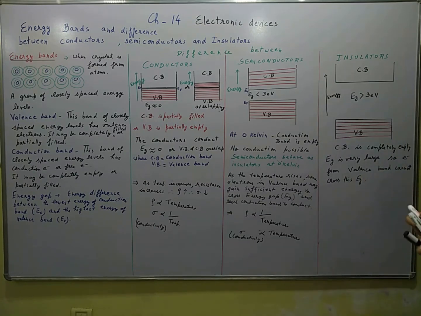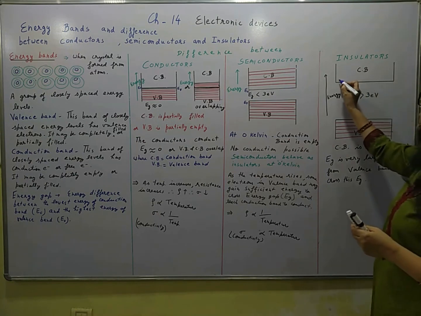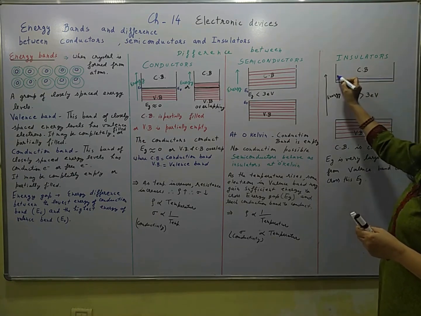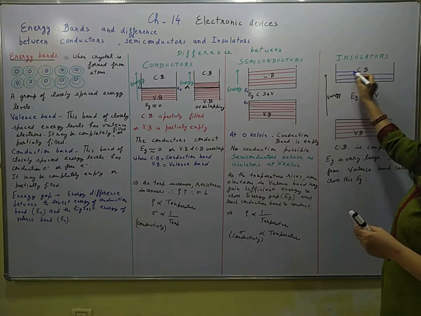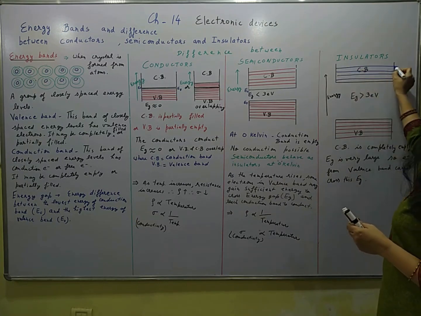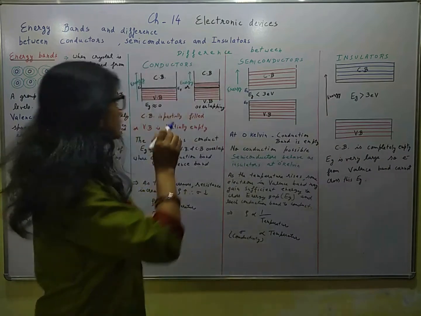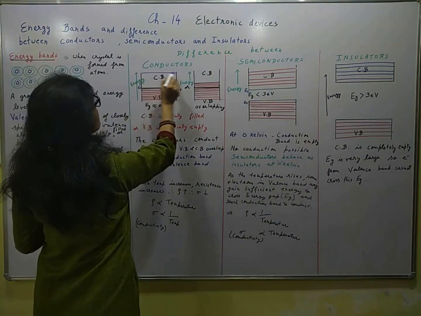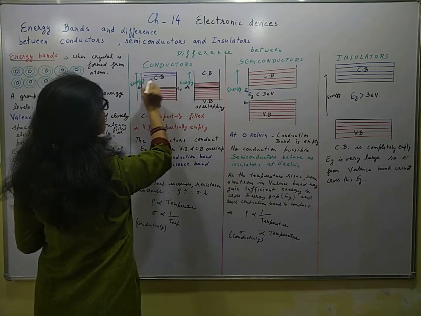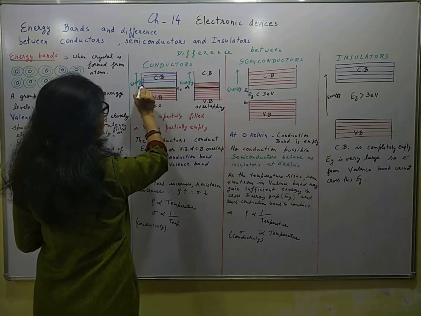Now I can show the closely spaced energy levels in the conduction band by a different line, so that the overlapping in case of conductors is clear. So this is, suppose, the closely spaced energy levels of the conduction band.